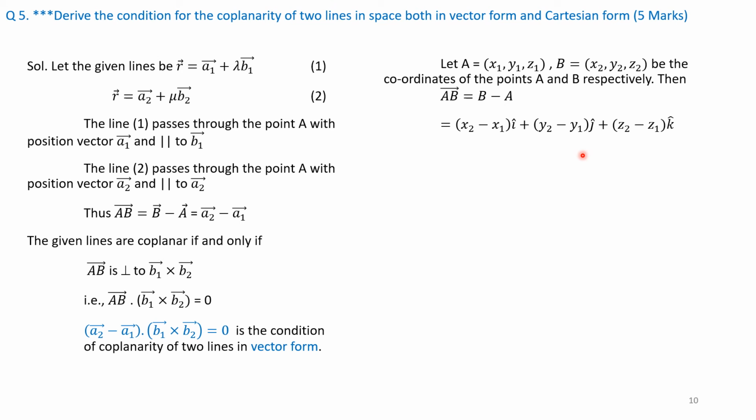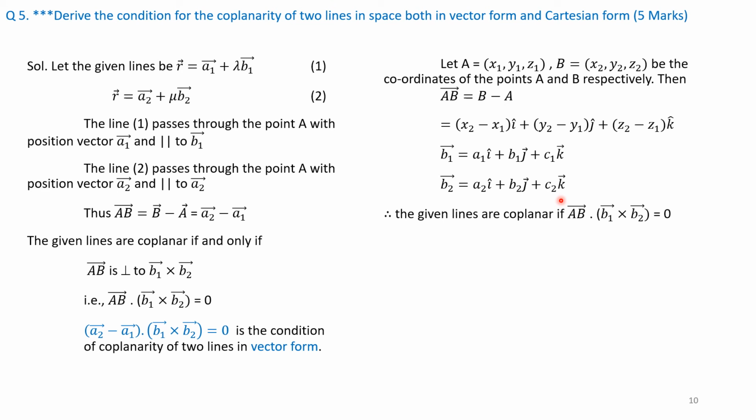Now b1 is equal to a1 i plus b1 j plus c1 k and b2 is equal to a2 i plus b2 j plus c2 k. Therefore, the given lines are coplanar if vector AB dot b1 cross b2 equals 0.